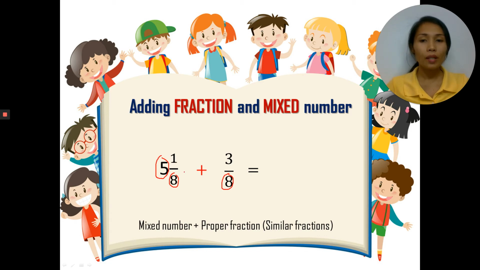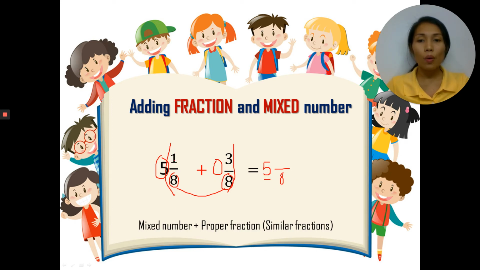So to do that, we separate the whole number. Since there is no whole number here, that means there's nothing more we can add to 5. So that's automatically 5 there. And then just copy the denominator, of course, it's 8. And then now we're dealing with 1/8 and 3/8 already. Okay, we're done with 5. It's already here as our answer, whole number.